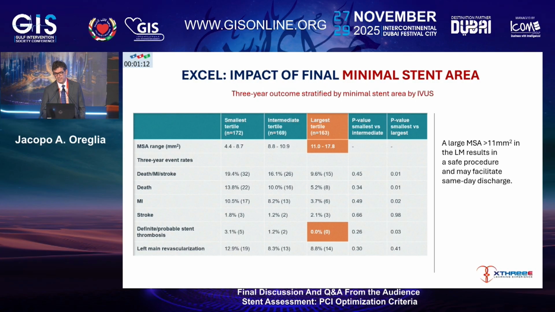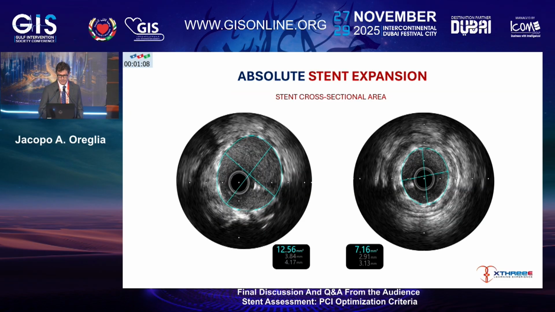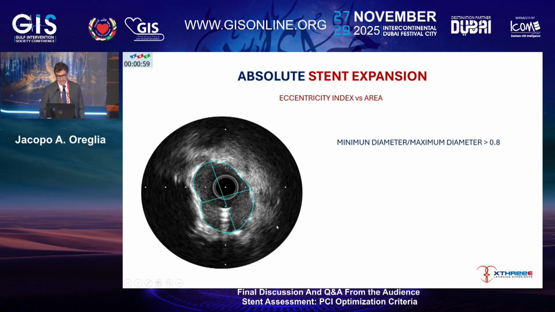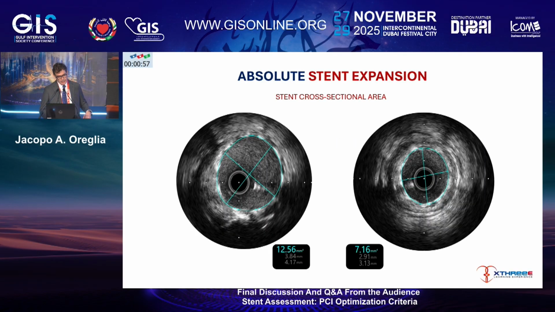So we should achieve at least 11 square millimeters for the distal left main. And again, these are measures of cross-sectional areas of different stents in different vessels. And I think that we can take as a take-home message 80% or more than 5.5 square millimeters.